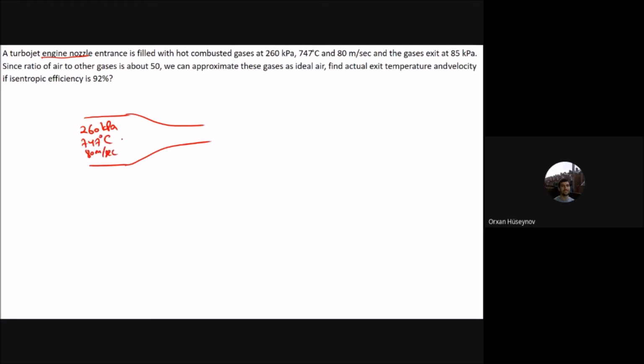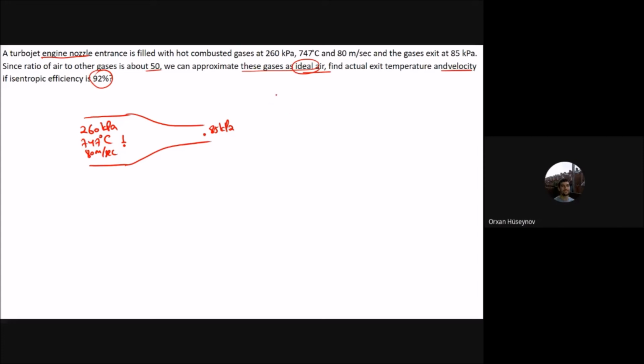These are properties at 1, the inlet, and the exit. This one is at 2, which is 85 kilopascals. The air to gas ratio is 50, and therefore we can approximate all of them as ideal air. Find the actual exit temperature and the velocity for isentropic efficiency of 92%.